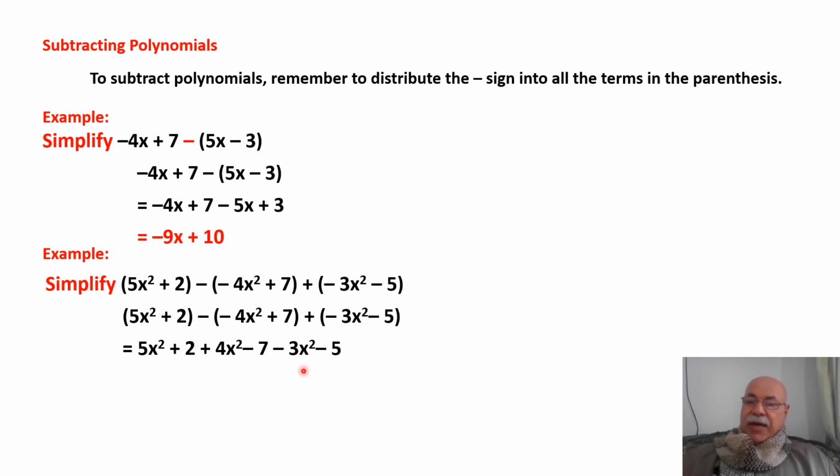I repeat again. Here I will repeat the process of opening these brackets. This bracket has not changed inside: 5x squared plus 2, this 5x squared plus 2. Minus times minus becomes plus 4x squared, minus times plus becomes minus 7. I go to the next bracket: plus times minus has become minus, plus minus 5 becomes minus 5.